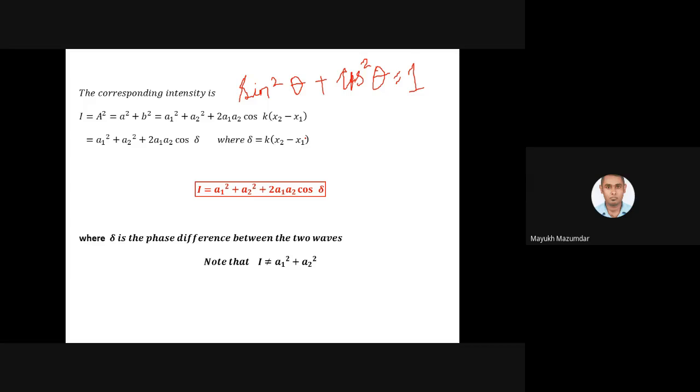And there may be a complicated term which you can't simplify, like cos kx1, cos kx2, sin kx1, sin kx2, with some terms multiplied to it. Then you use the formula of cos A minus B.